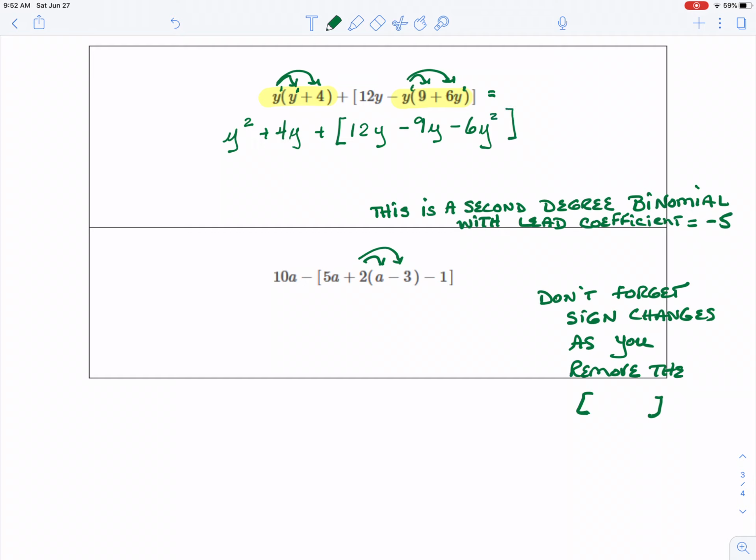So this becomes a 6y to the second. So this is where I'm concerned that you've got to be careful. When you're multiplying like bases, you add exponents. When you are adding like terms or subtracting like terms, the exponents remain the same.